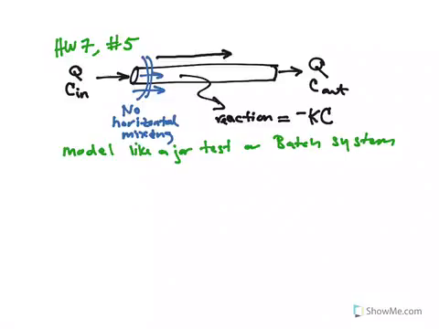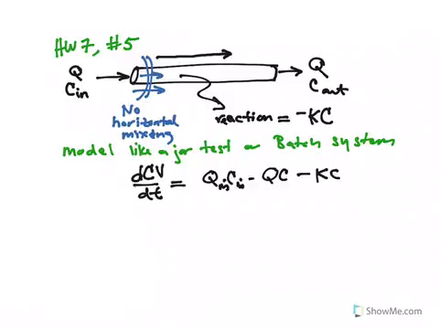And so for a first order reaction, that's like dC/dt is equal to Qin Cin minus Qc minus Kc V, but there's no flows in or out in this case because there's no dilution. Set this to 0.